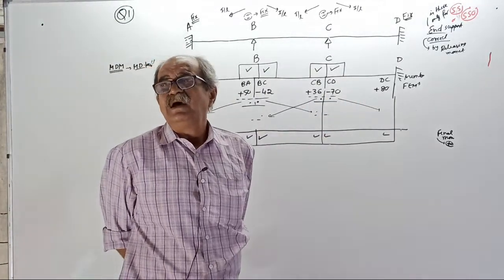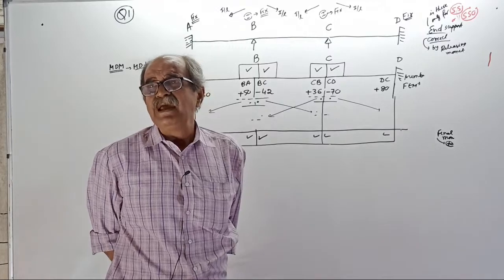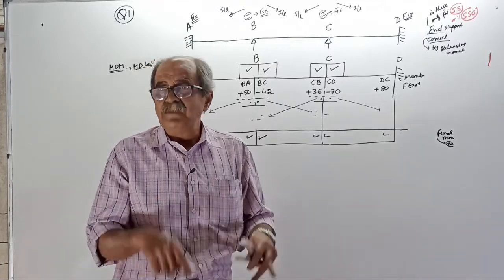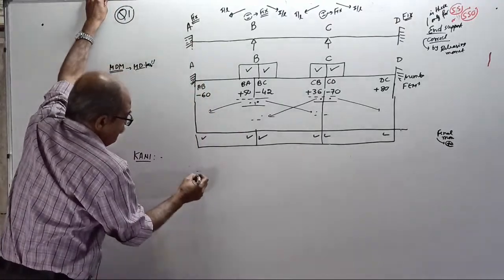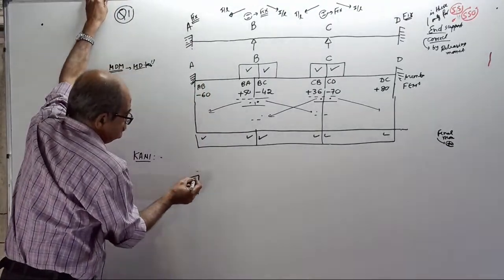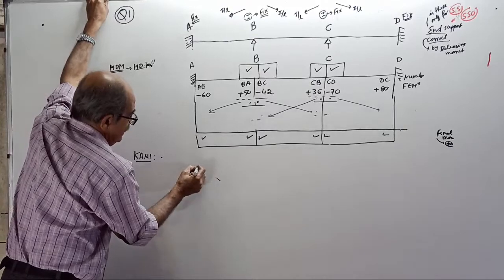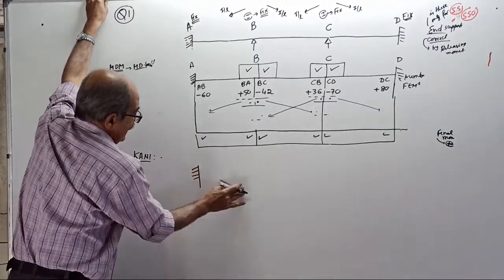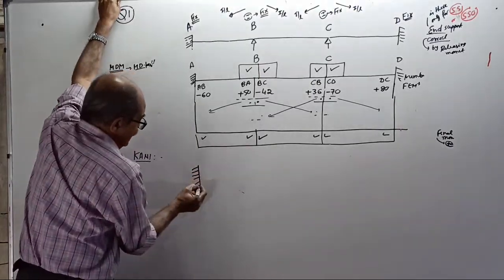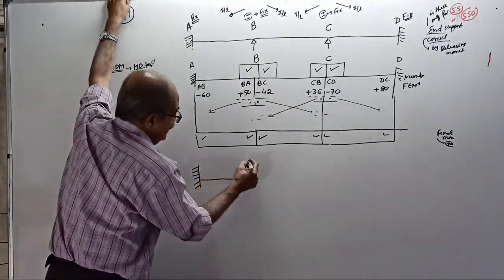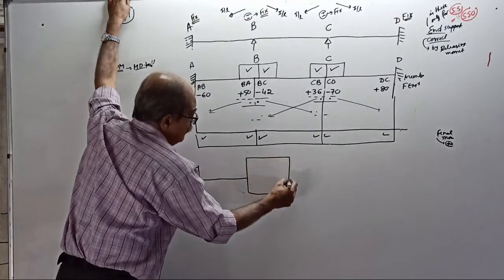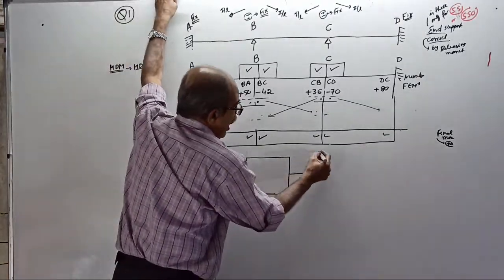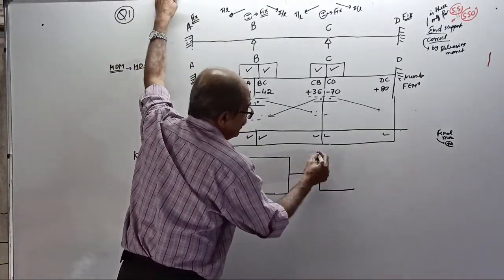Kani's method: rotation factor, FEMs, and not a table, something like a table. Come here. A is absolutely fixed. Put one box here. At all intermediate supports, put a box.